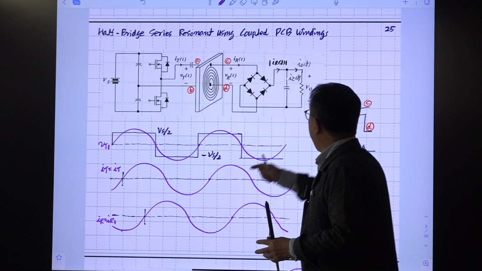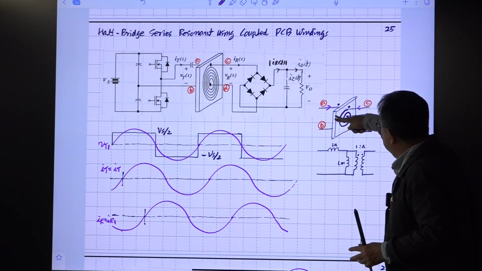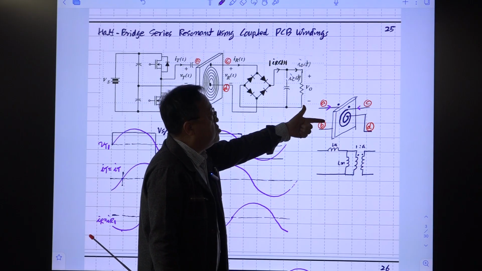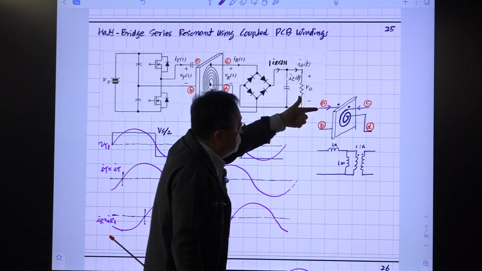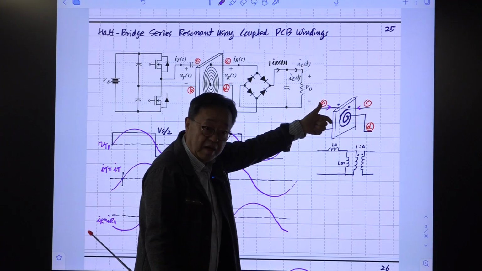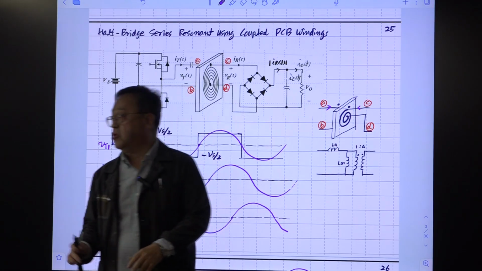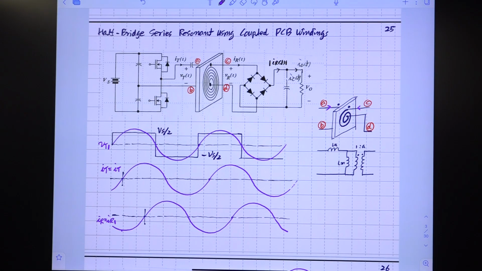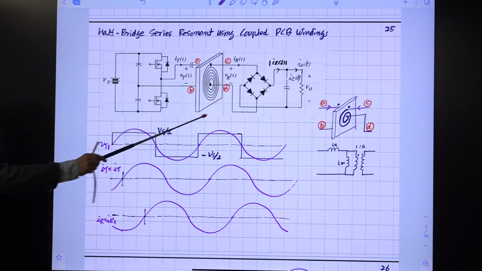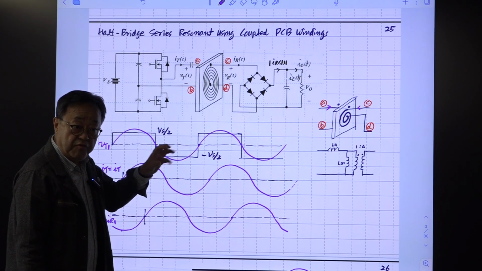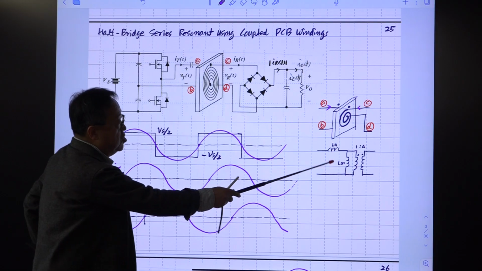If one is generating in this direction, the other current entering the dotted terminal should generate flux in the same direction. That is the definition of the dot convention. First we model this as coupled inductors, and later on we modify that model into this structure.